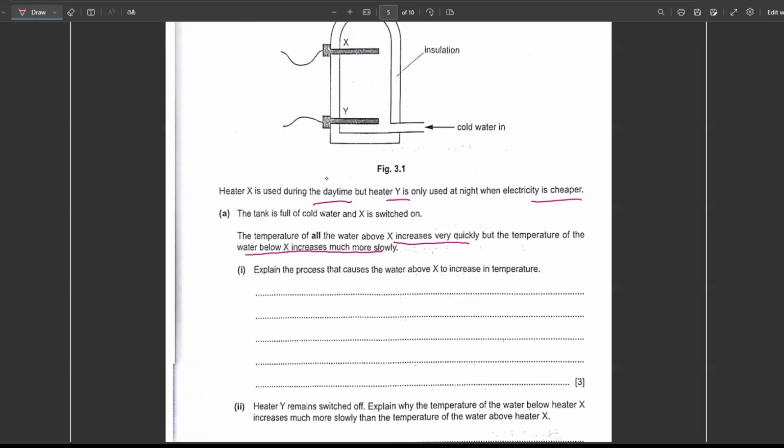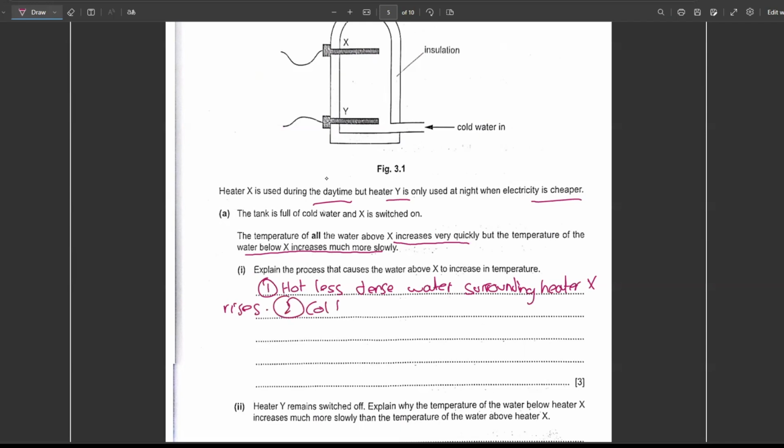Simple convection currents, you will say. Hot, less dense water surrounding heater X rises.